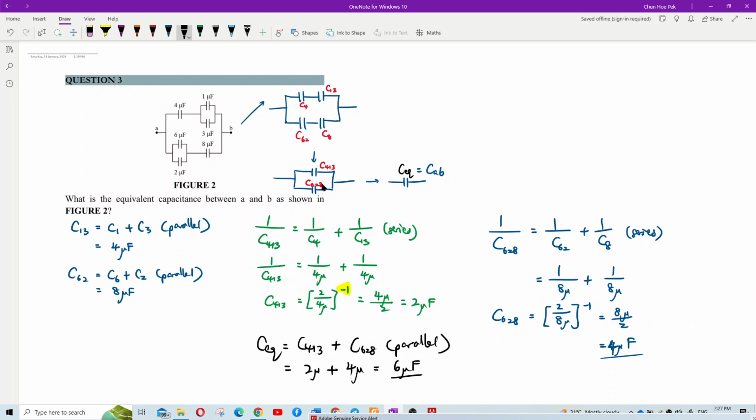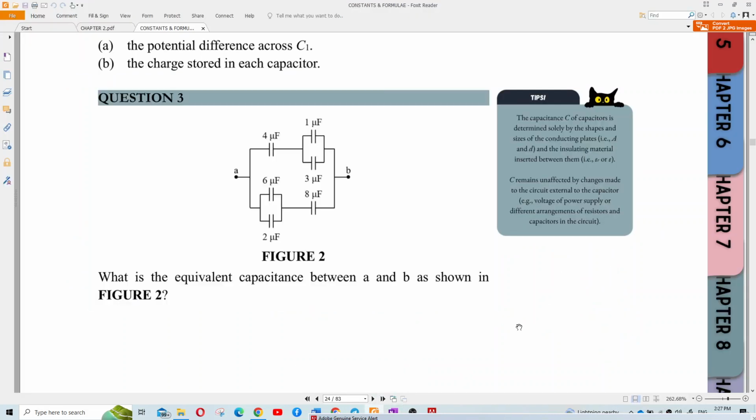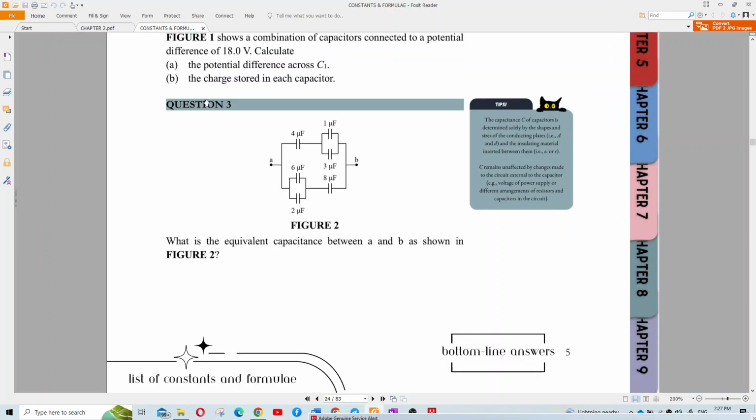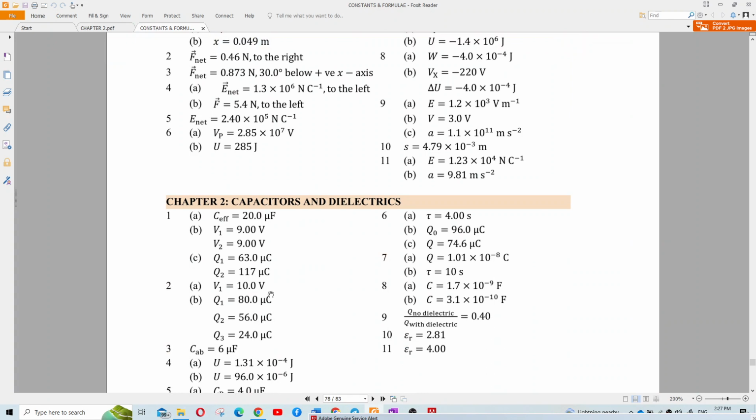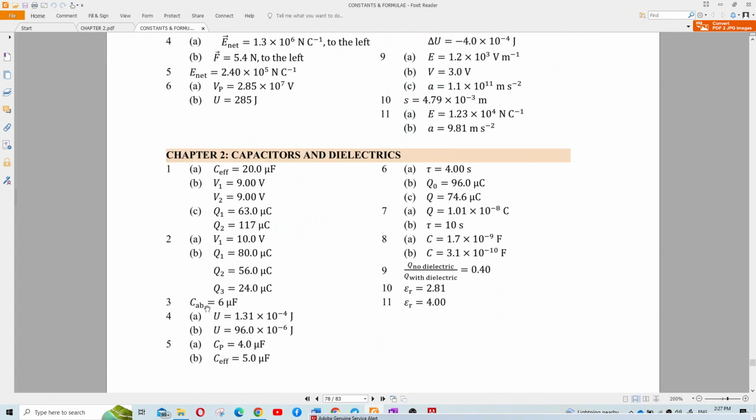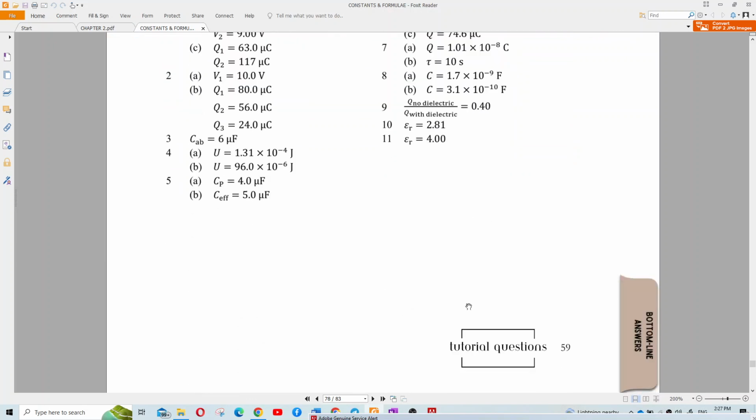That's the answer. Is that the answer? Question 3, let's check. Yes, 6 microfarad. CAB, 6 microfarad. It's correct.